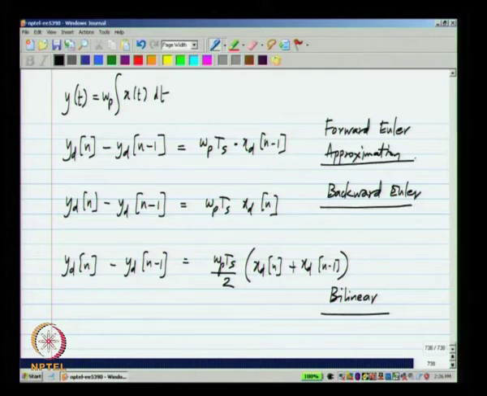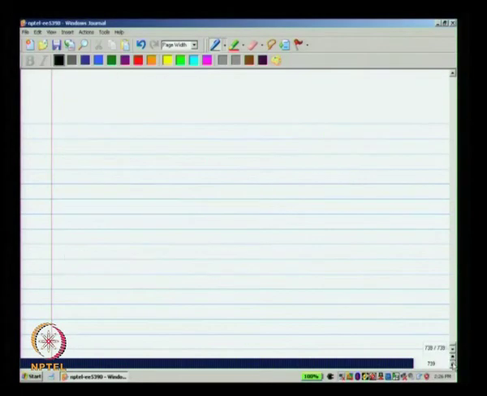Now, I will describe the following steps using the bilinear approximation to integration, but you can equally well do that with the other two.